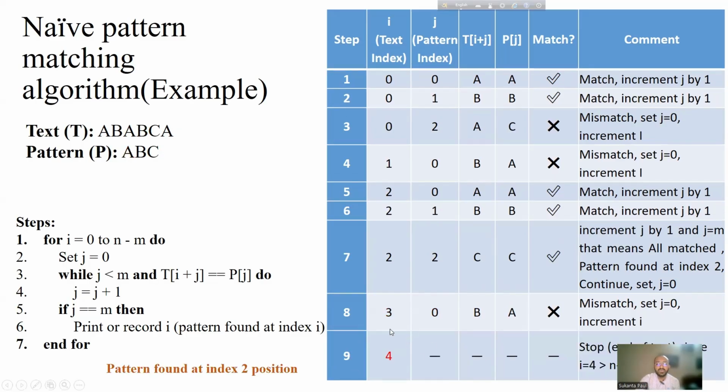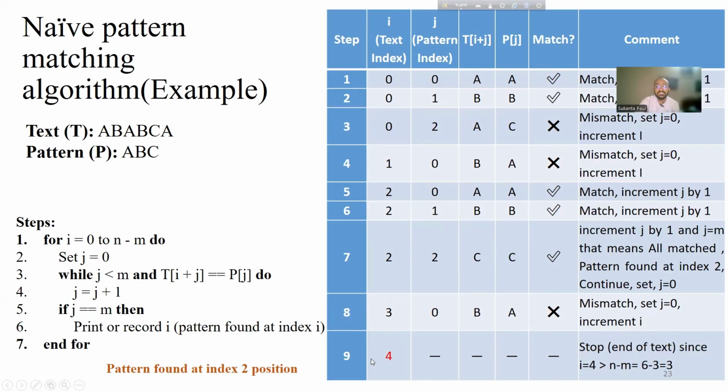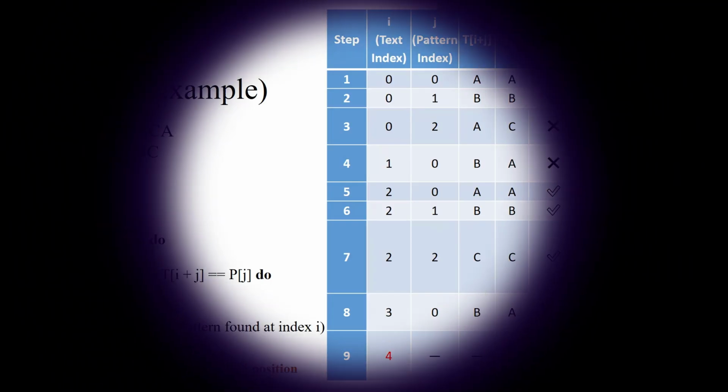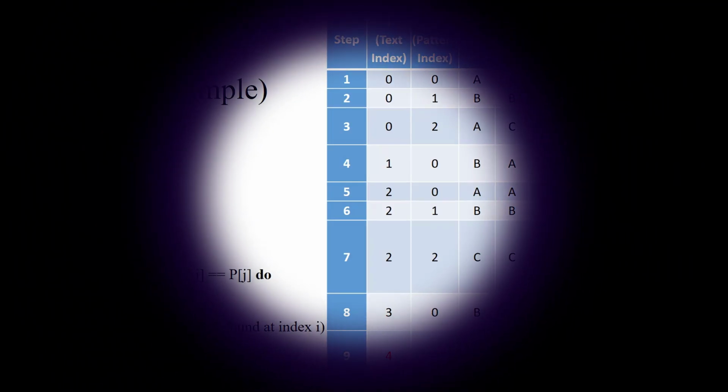So if we increment the value of i, that is 4, since i is equal to 4, which is actually greater than n minus m, the loop will stop here. So we can say that finally the pattern is found at index 2 position only.